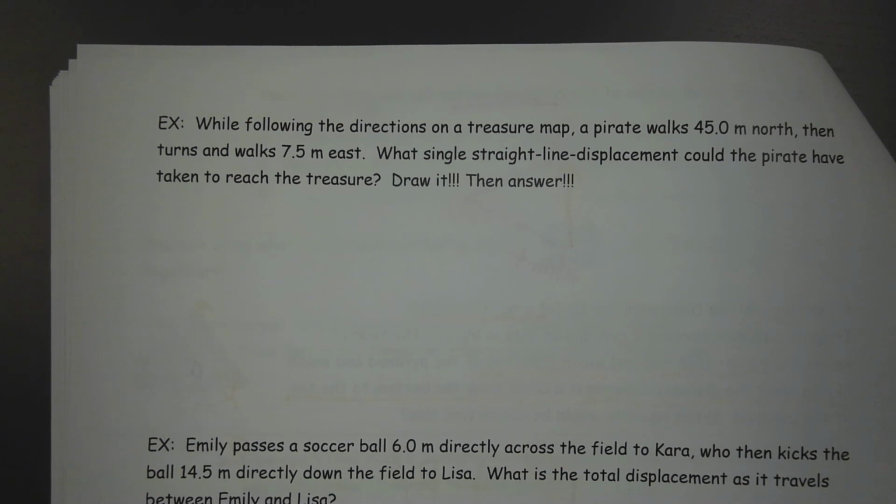What does the single path straight line displacement look like if this pirate, instead of doing all of this business, just walked a straight path? And then it says here, draw it and then answer and give me that answer.